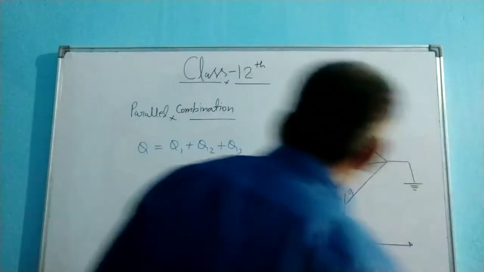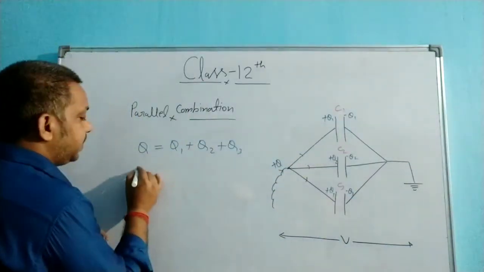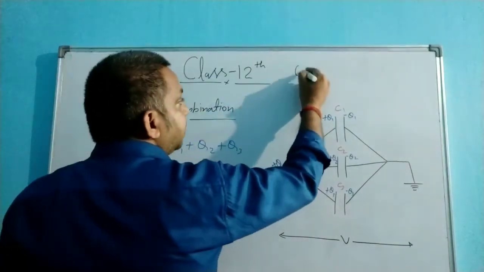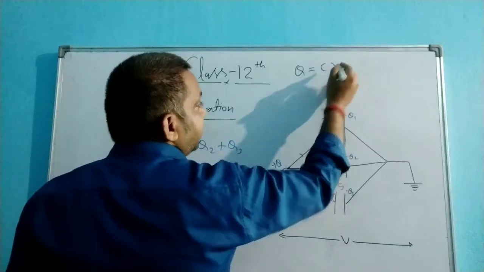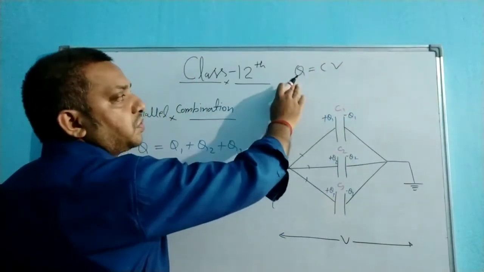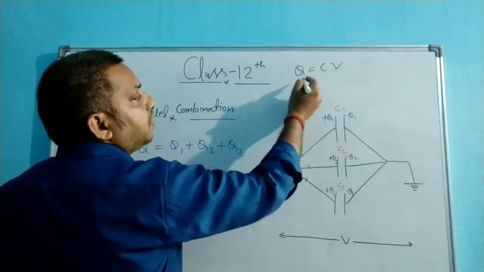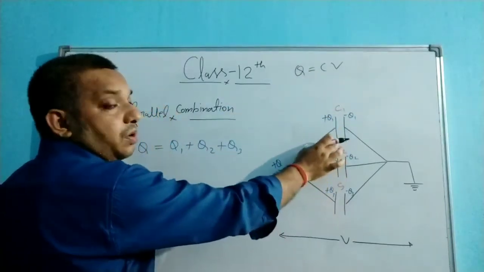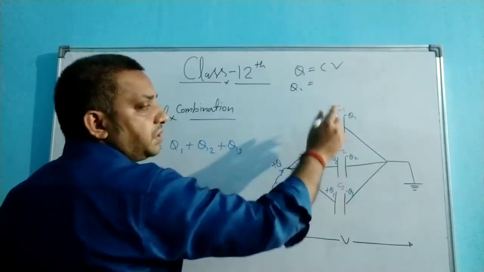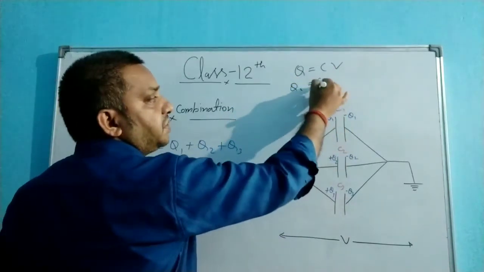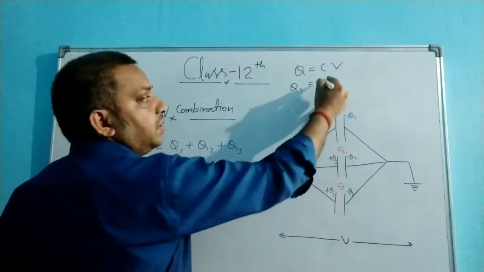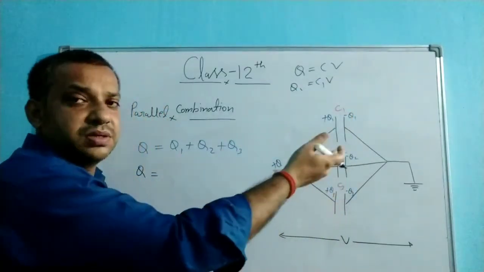This is simple, your law of conservation of charge. And now, what is Q1? We have the formula Q is equal to CV, the basic definition of capacitance: C is equal to Q by V, or Q is equal to CV. So the charge present on the first capacitor, Q1, is equal to the capacity C1 and the potential across this capacitor, which is V, because in the parallel combination the potential is the same.